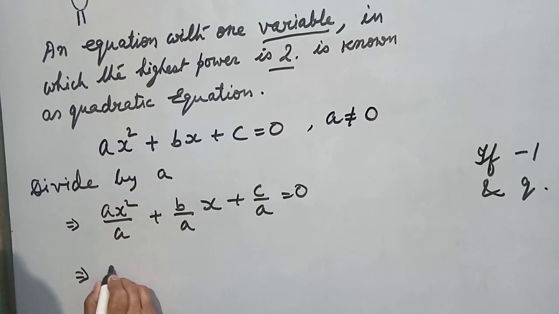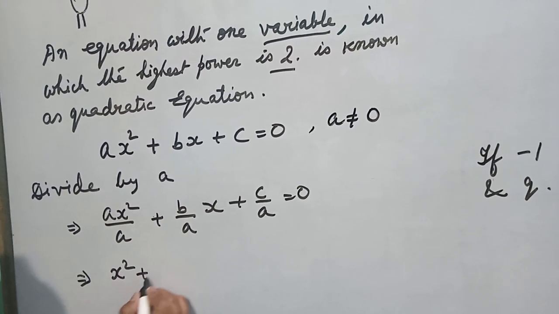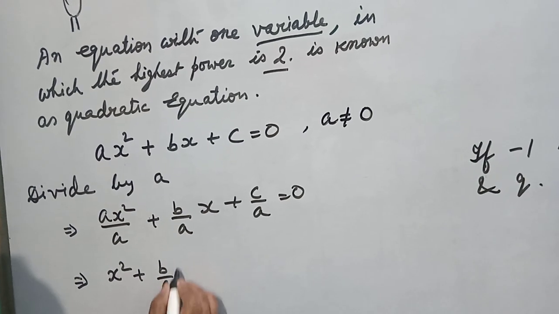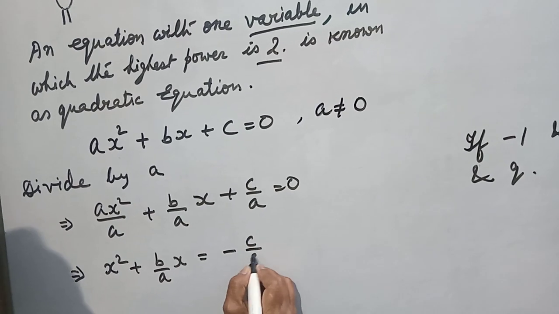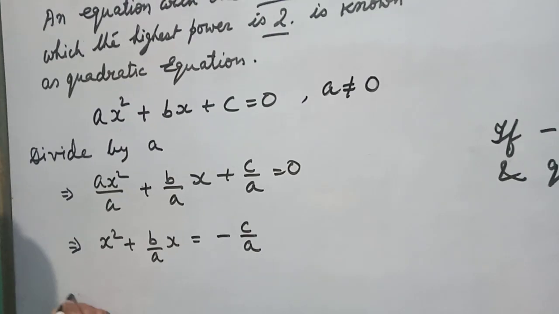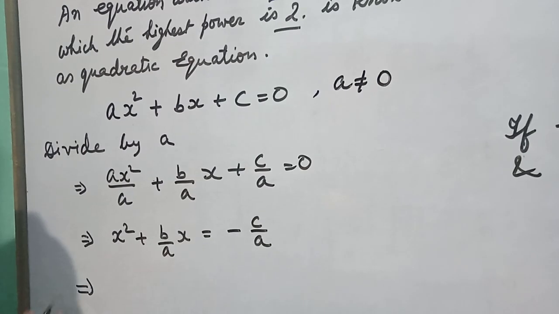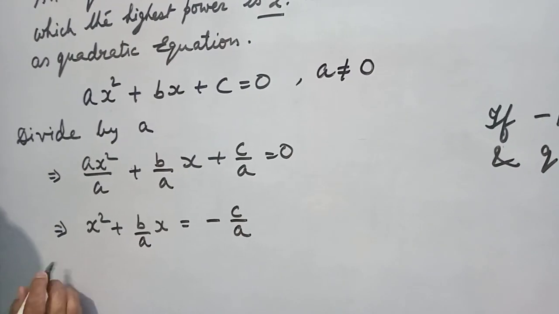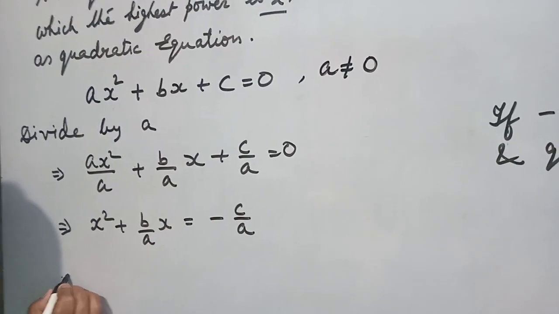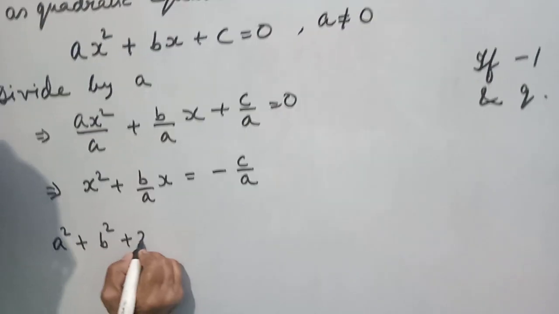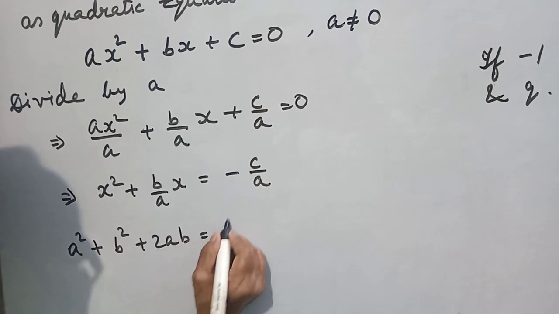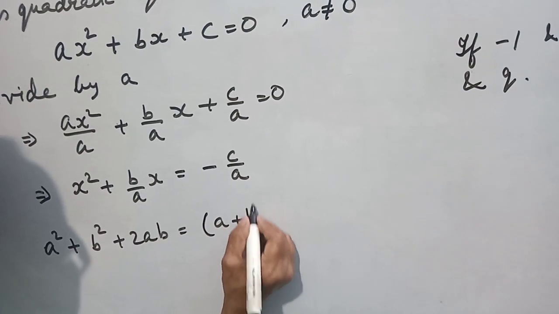Now I can write this as x square plus b by a x, and I can write this as minus c by a. Now, how to make this a perfect square? You know what is a perfect square? A square plus b square plus 2ab can be written as a plus b whole square.